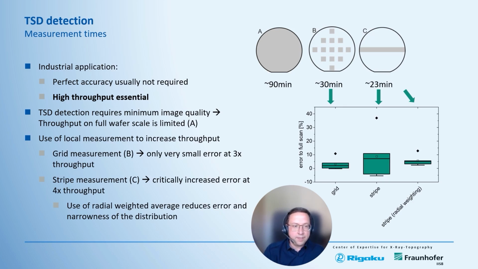An approach B, which is called grid measurement approach, can lower the measurement time to about 30 minutes, which is 1/3 of the original measurement time. And if you use stripe measurement or at least radial weighting of the stripe measurement, you can bring down the measurement time to 23 minutes and in parallel have the same low error compared to a full wafer measurement.